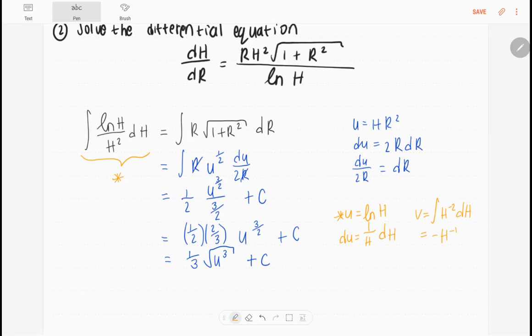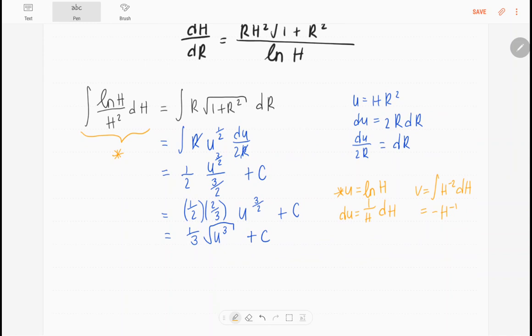So let's see if that will work. I'm going to take u multiplied by v. U is ln of h, and v is minus h to the minus 1, or minus 1 over h. So I have minus ln of h over h, minus the integral of v, which is minus 1 over h, times du, which is 1 over h dh.